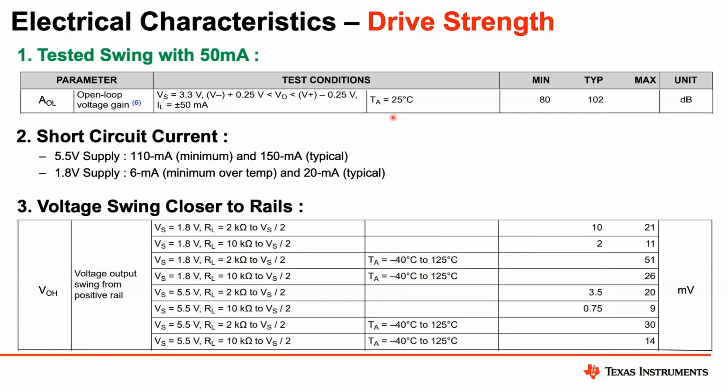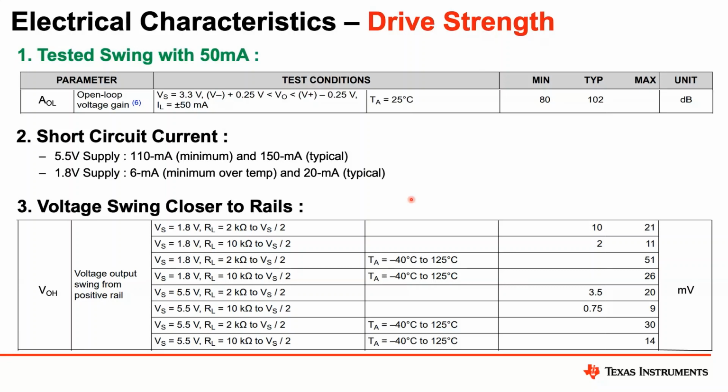Most devices don't test with 50 milliamps in a typical application spec, but we made sure to test all of our op amps and guarantee that they will operate at 50 milliamps in a normal linear mode, versus most devices, which just mention a 10 kilohm load and don't mention the output current. The next two parameters give you a good idea of the short circuit current as well as voltage swing, but they don't really provide the full picture.